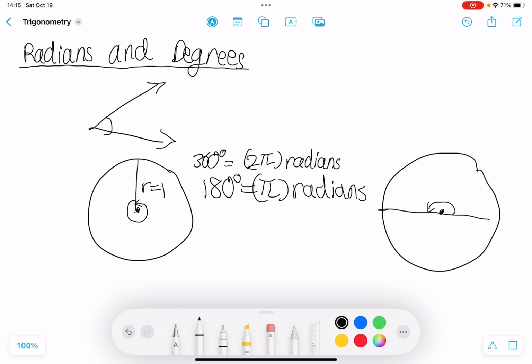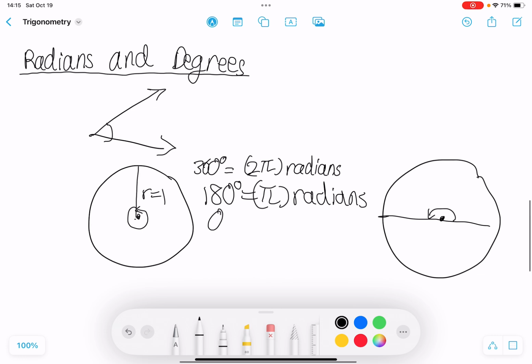This means a 180 degree angle correspondingly covers half of the circumference, right? And one circumference is 2 pi r, or 2 pi if the radius is 1. So half of the circumference is just pi. And obviously, we need to remember that 0 degrees is 0 radians.